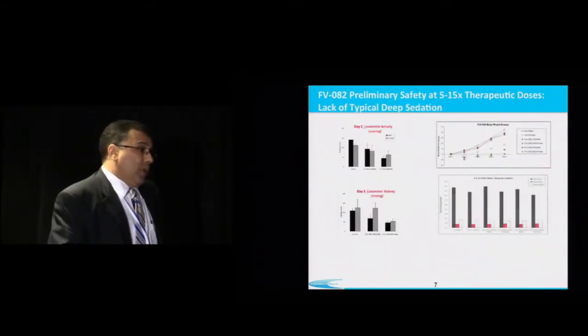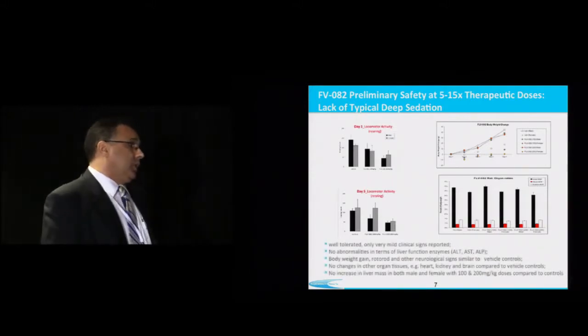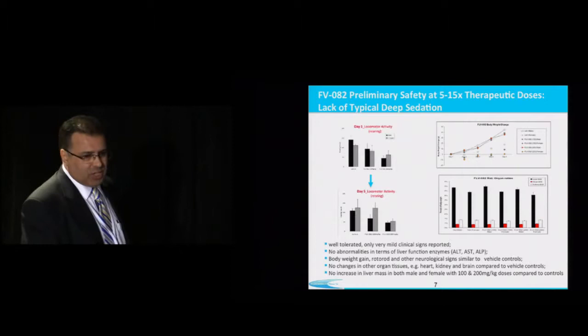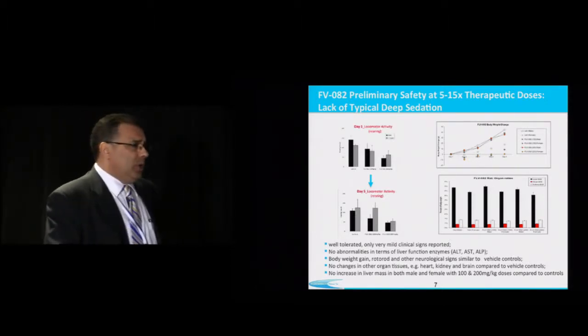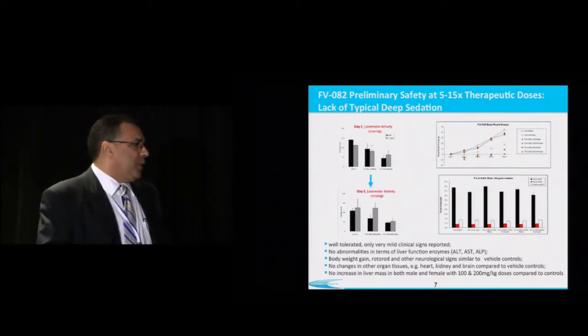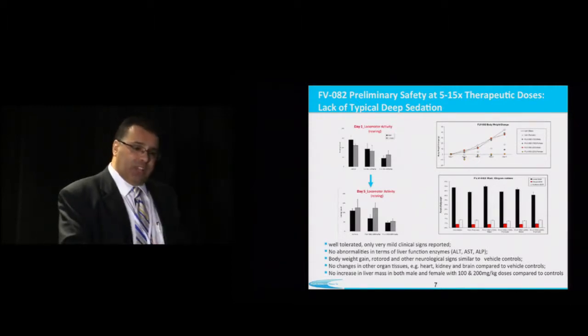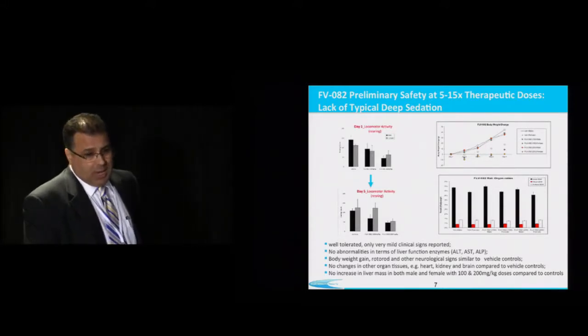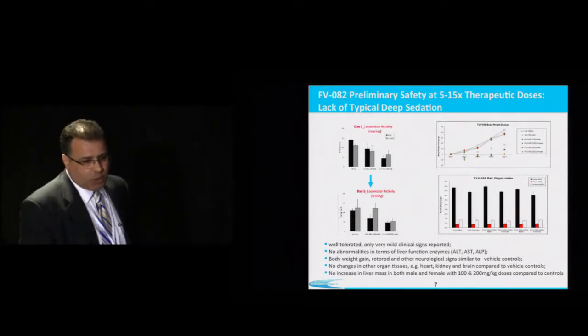Also, 082 went through the acute toxicity. We started first with 5 days, and it was a great surprise to see that FV082 was well tolerated. This is 5 days in a rat, and as you can see, the drug is well tolerated, and only mild clinical signs were reported.